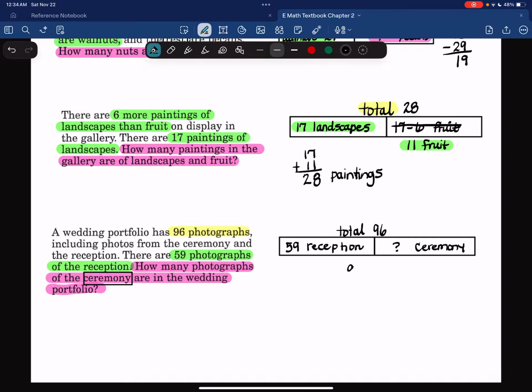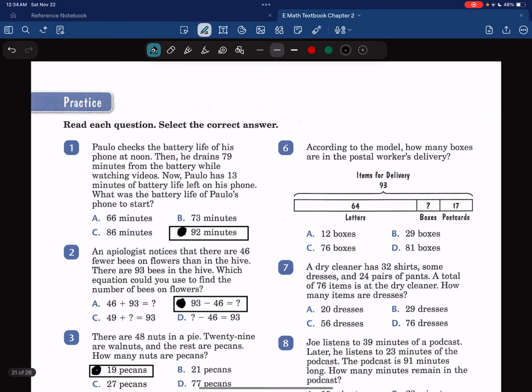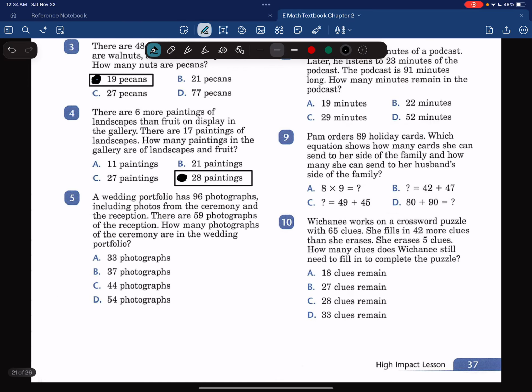So we would say 96 minus 59. Better borrow. That would be 7 and 3. So 37 of the photos are ceremony photos. And I like B as in boy for this one.